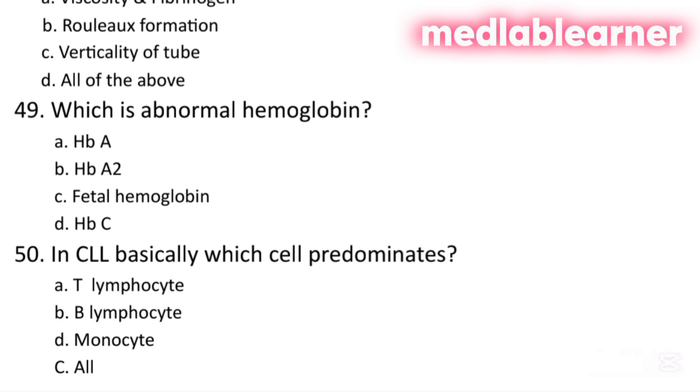Which is abnormal hemoglobin? A. Hemoglobin A, B. Hemoglobin A2, C. Fetal hemoglobin, D. Hemoglobin C. And the answer will be hemoglobin C.